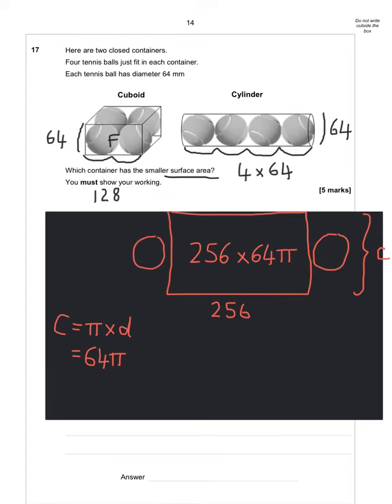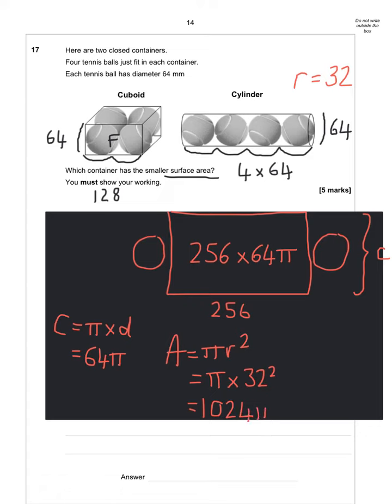Now, area of a circle is pi r squared. So I need to know what the radius of each of these circles is. So because I know the diameter is 64, I know the radius is half of that, so the radius is 32. So to find the area of the circle, I will do pi multiplied by 32 squared. So if I just quickly work that out on my calculator, 32 squared gives me 1024 pi.